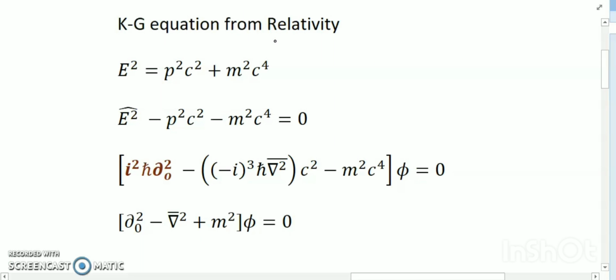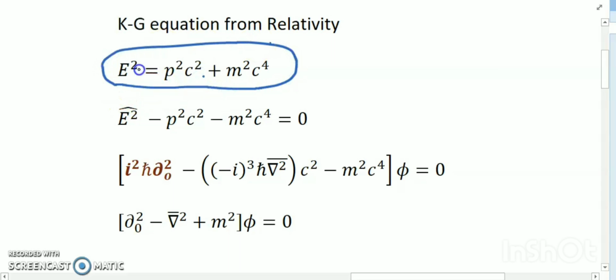In case of relativity, we see that E square is equal to p square c square plus m square c to the power 4. This equation I have already discussed in my string theory videos. Those who are watching know that this is a very important formula and it can be written this way.